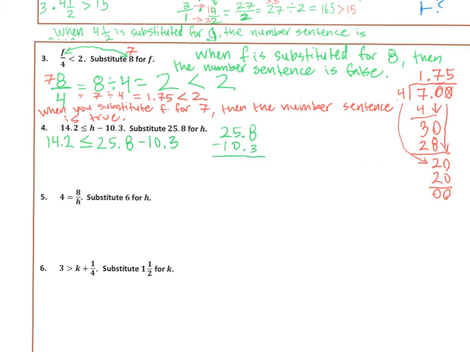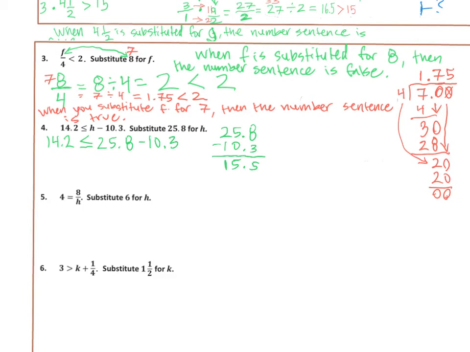It also allows me to understand whether or not this is going to be a negative or a positive number. I know that 10.3 is being subtracted from 25.8, so we're going to end up with a positive number. So let's take a look. 8 minus 3 is going to be 5. We're going to drop that decimal down. 5 minus 0 is going to be 5, and 2 minus 1 is going to be 1.